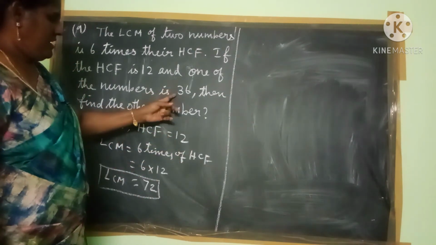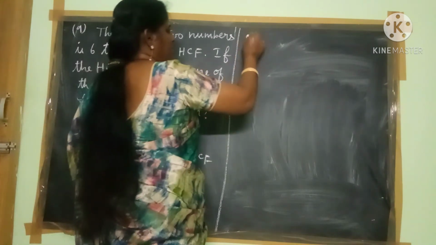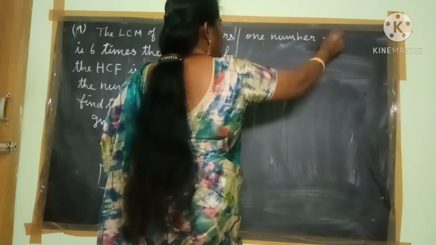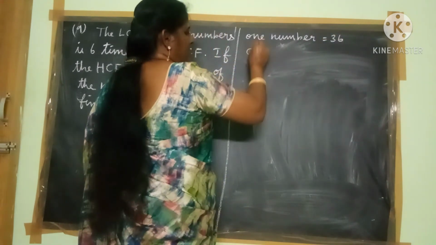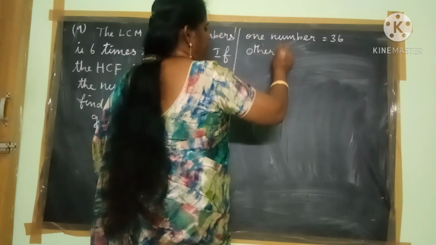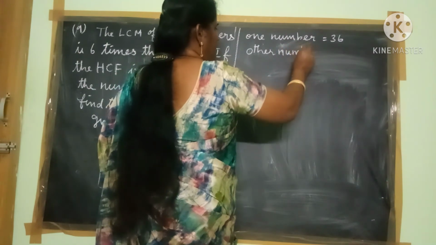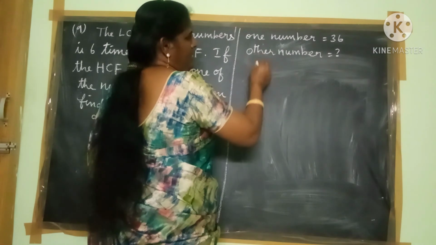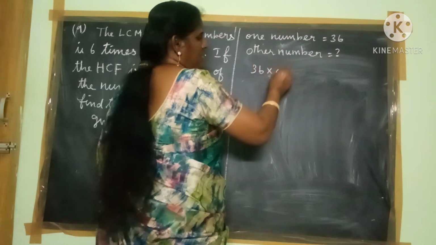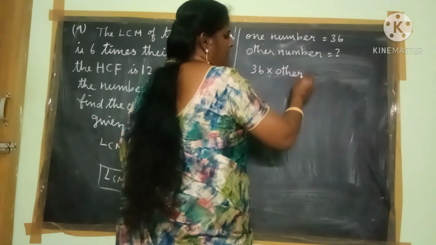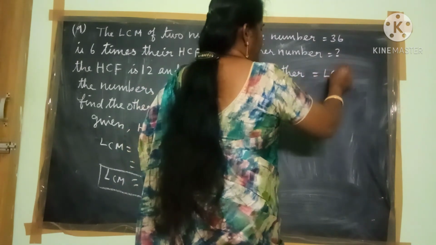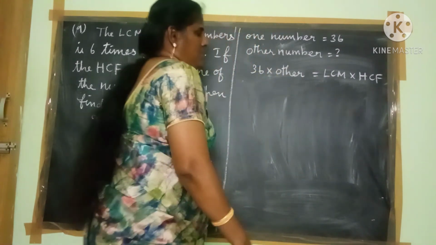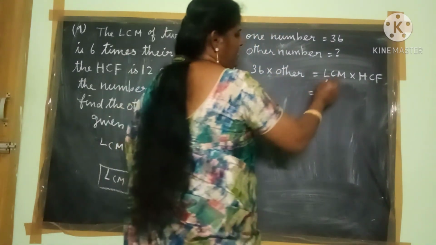One number is equal to 36. Now we have to find the other number, that is the question mark. So the one number 36 into the other number equal to LCM into HCF. That's the formula.